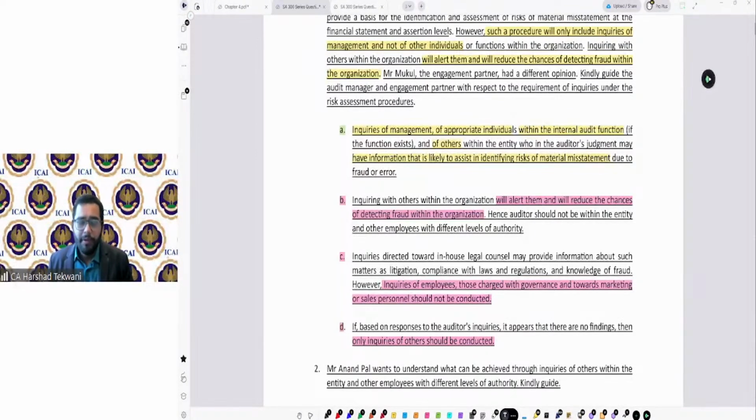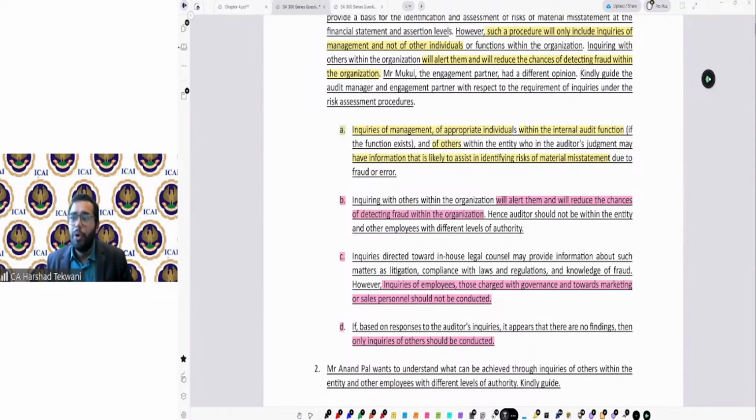So the question here is that Mr. Anand Pal is the statutory auditor and he is conducting an audit of a company. Now he wants to conduct inquiries of management and other individuals within the organization in order to gather information for risk assessment. He wants to gather information about the risk of material misstatement due to fraud and error at the financial statement and assertion level.